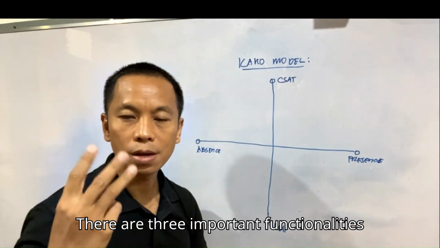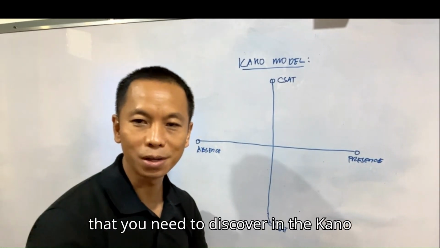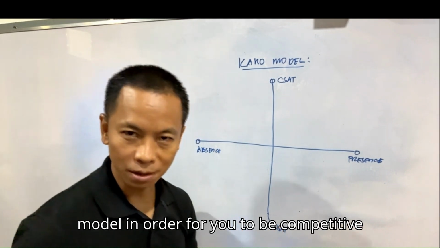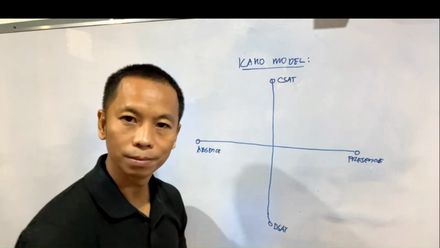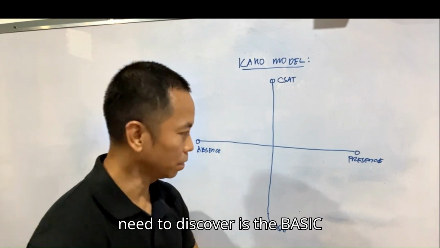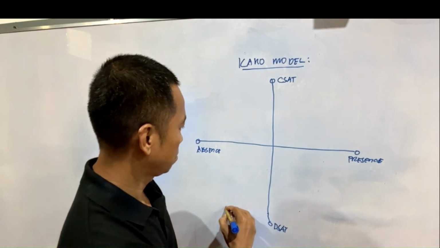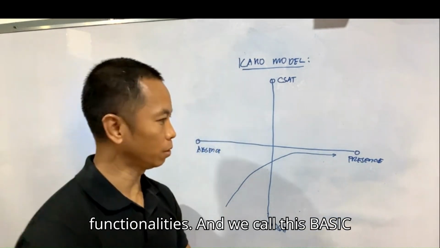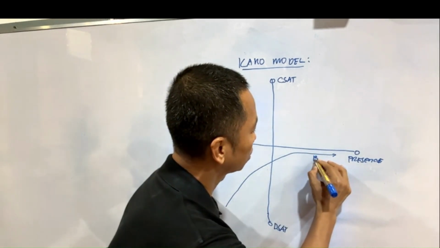There are three important functionalities that you need to discover in the Kano model in order for you to be competitive in the market. The first set of functionalities that you need to discover is the basic functionalities.